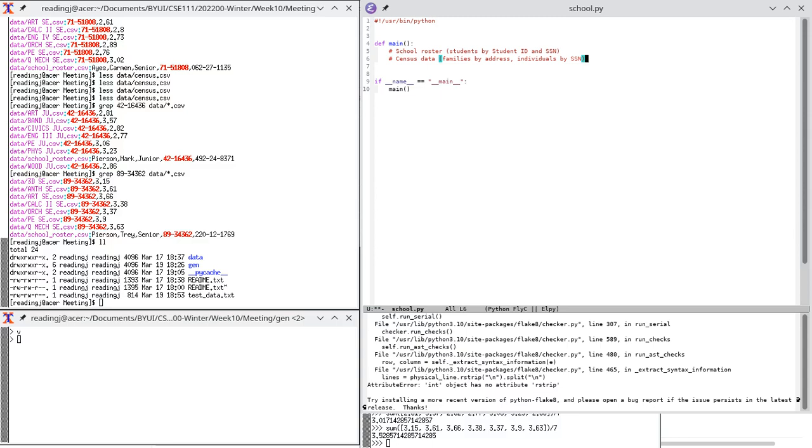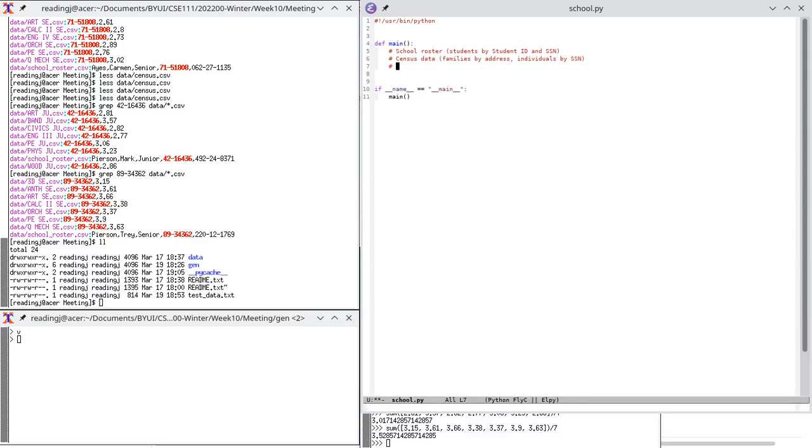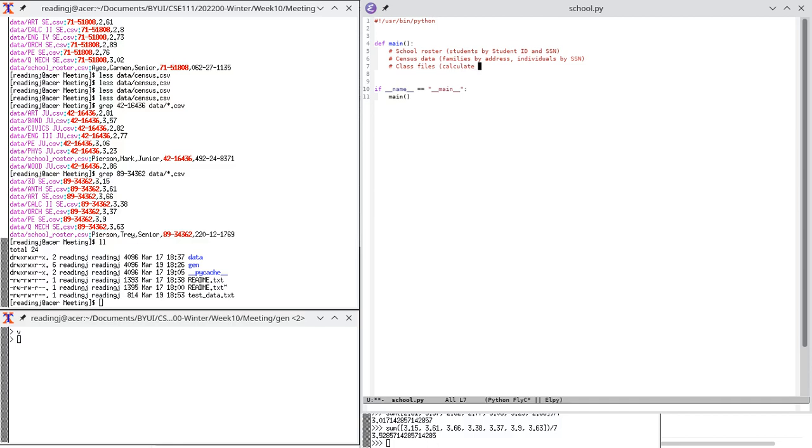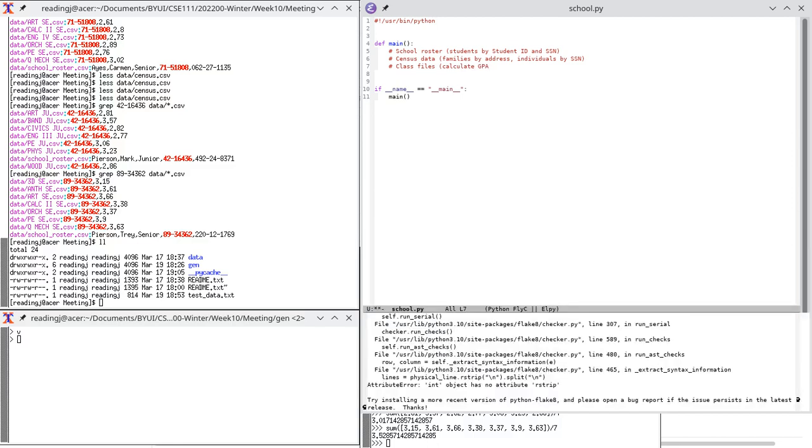Then we need to read all the class files, and we can calculate GPA from there. So that's the rough outline of what we're going to have to do, and I'm going to end this video here just so we've got a nice break point.